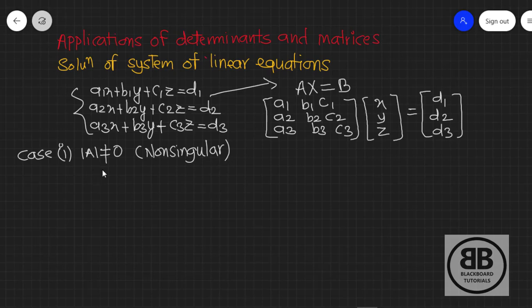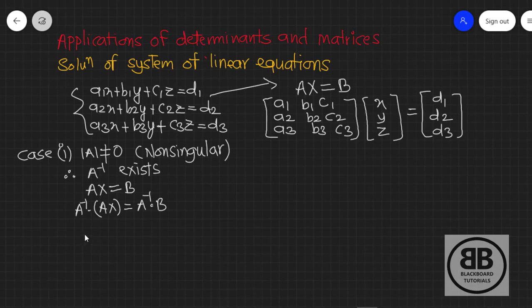If a matrix is non-singular, we can find its inverse. Therefore A inverse exists. Now how to find the solution? We have written the system of equations as Ax = B. We will pre-multiply by A inverse on both sides.